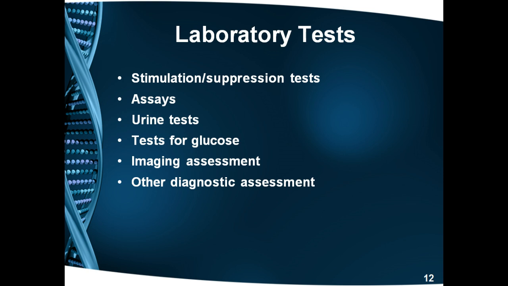You can have an MRI done or a CT or something like that. And then of course they can always do what they call a needle biopsy as another type of diagnostic assessment. A lot of times they'll do those when a person appears to maybe have some type of nodule on their thyroid.